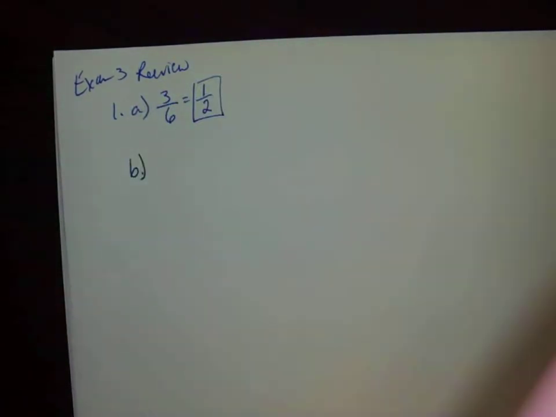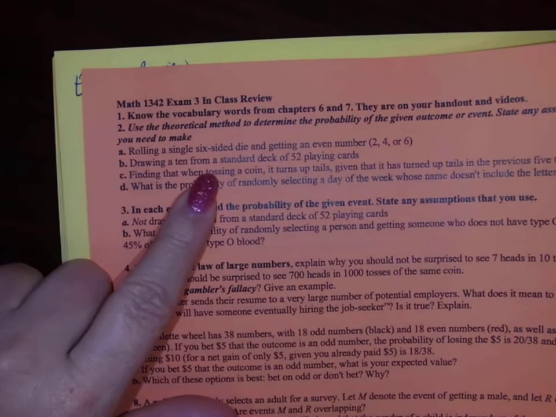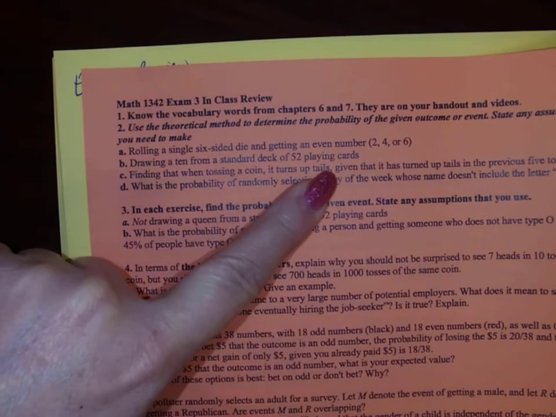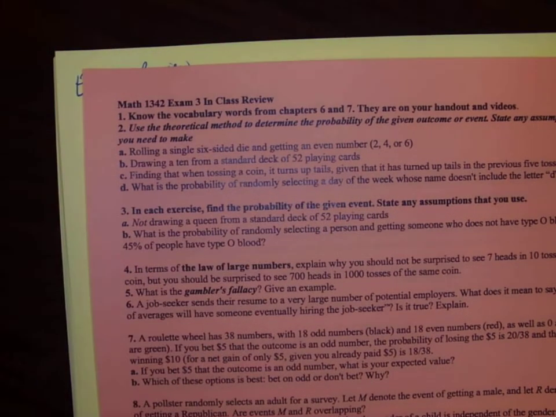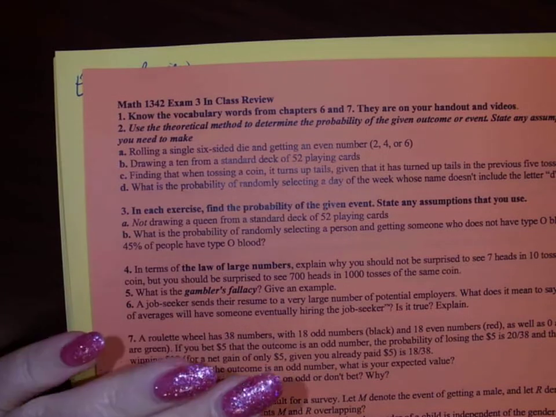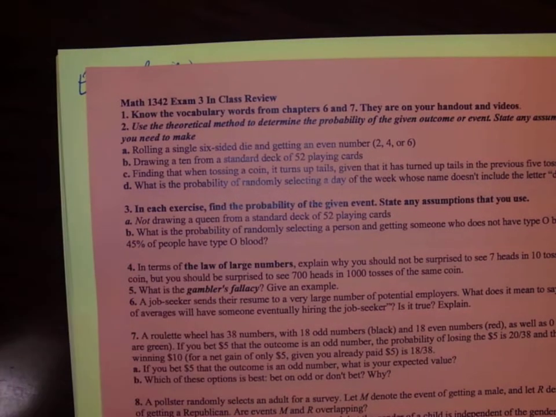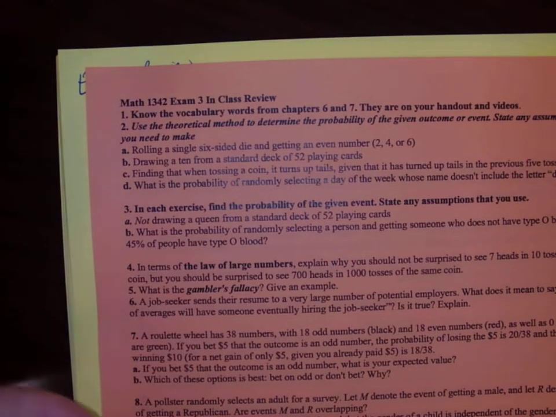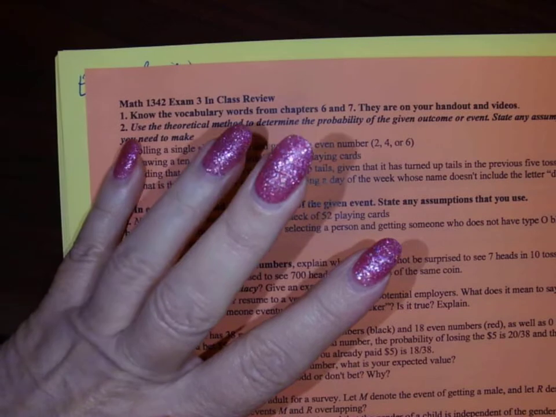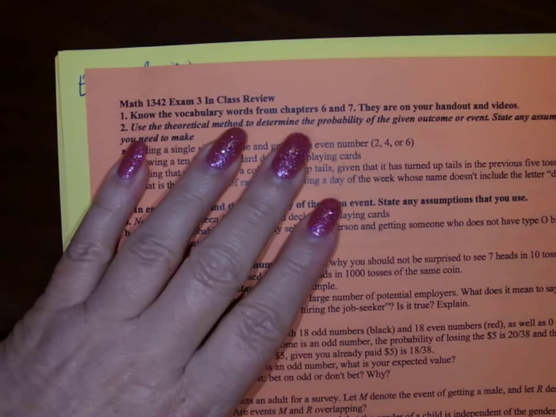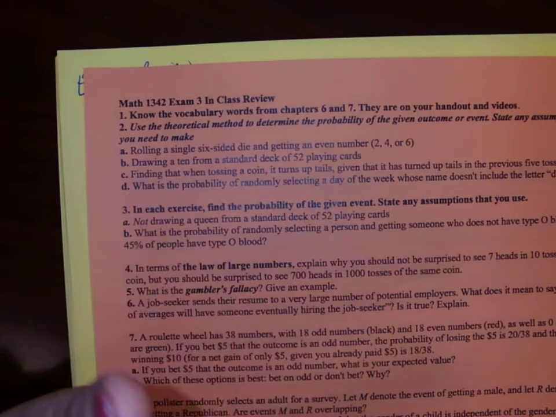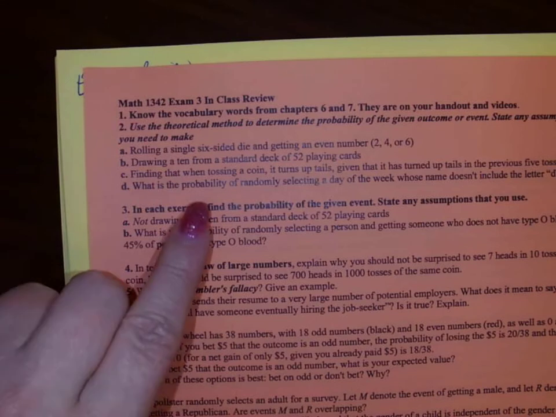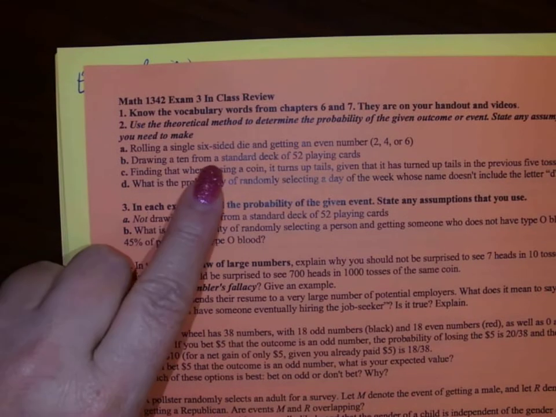So part B says, drawing a 10 from a standard deck of 52 cards. So we've talked about, there are certain things you need to know. You need to know how many suits there are and what those are. So there's 4 suits with hearts, diamonds, clubs, and spades. And there's different cards, right? So 2 through 10 are number cards.